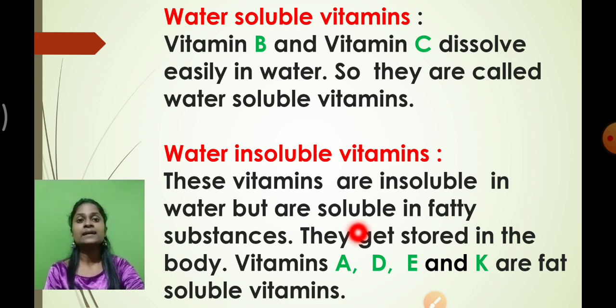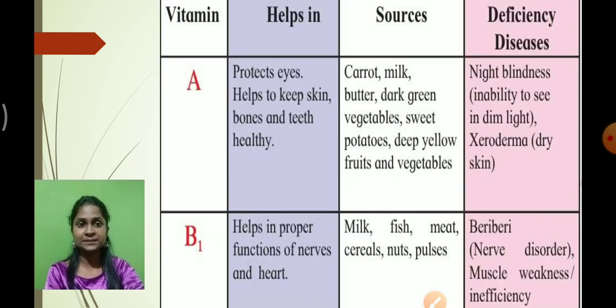Vitamin A, D, E, K. So only two are water soluble, B and C. Other than B and C, like A, D, E, K, they are not water soluble, they are fat soluble vitamins. Understood now the difference between the water soluble vitamins and the water insoluble vitamins?